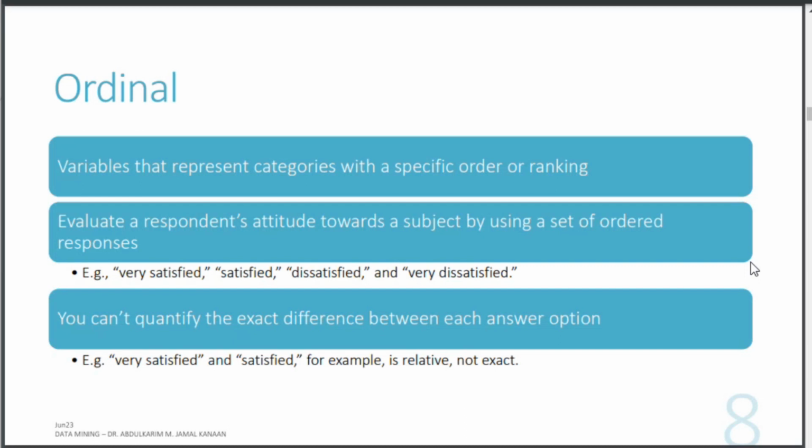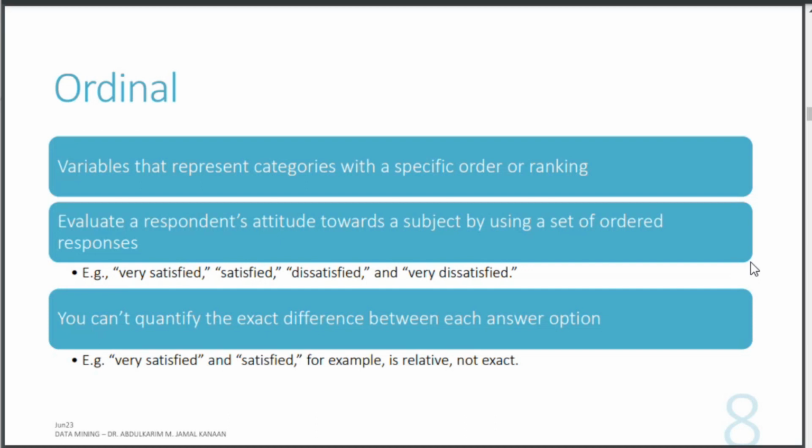So it evaluates a respondent's attitude towards the subject by using a set of ordered responses like this one. And one more interesting thing, so later you can differentiate between nominal, ordinal, and the next types, which are interval and ratio: these values cannot quantify the exact difference between each opinion.